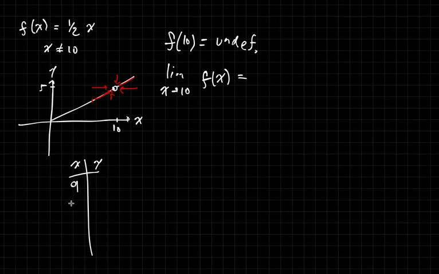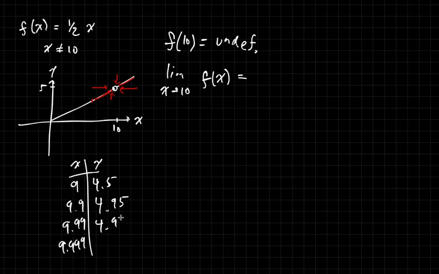So we could do 9, 9.9, 9.99, 9.999. Y would be 4.5. 9.9 for this function would give us 4.95. 9.99 would give us 4.995.